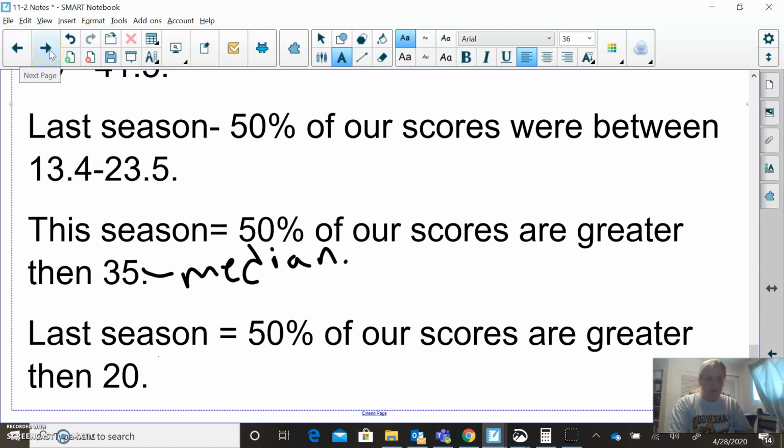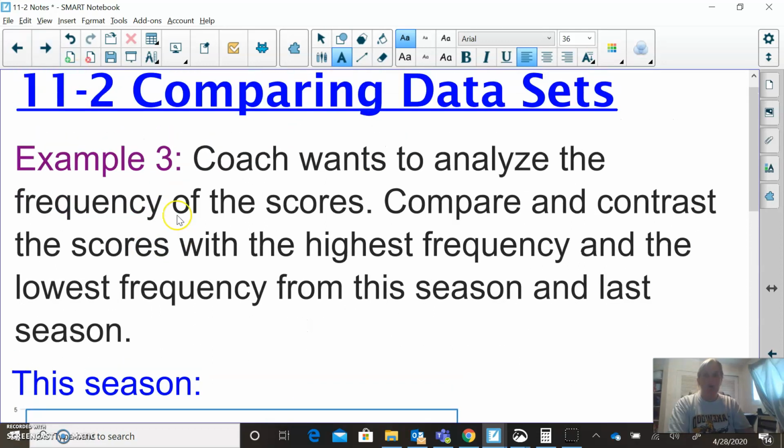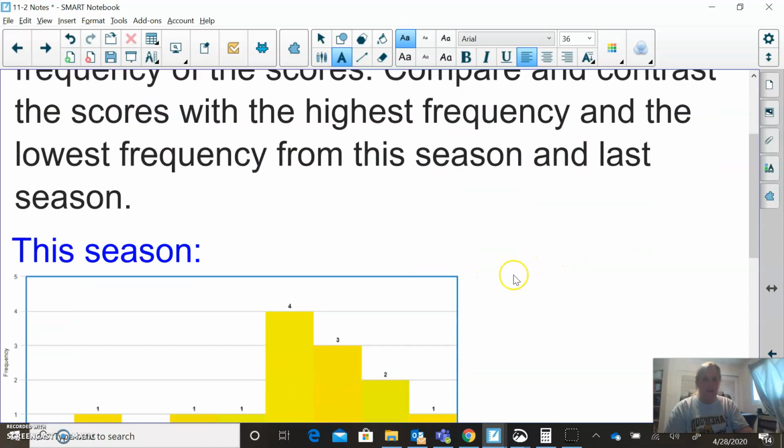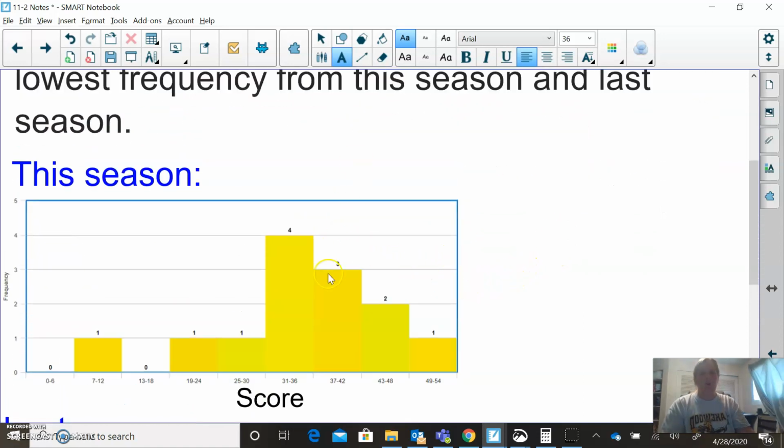All right. So, let's move on. Now we're going to look at a histogram. Coach wants us to analyze the frequency of scores. Compare and contrast the scores with the highest frequency and the lowest frequency from this season and last season. So, this season, remember this side on the left gives us our frequency.